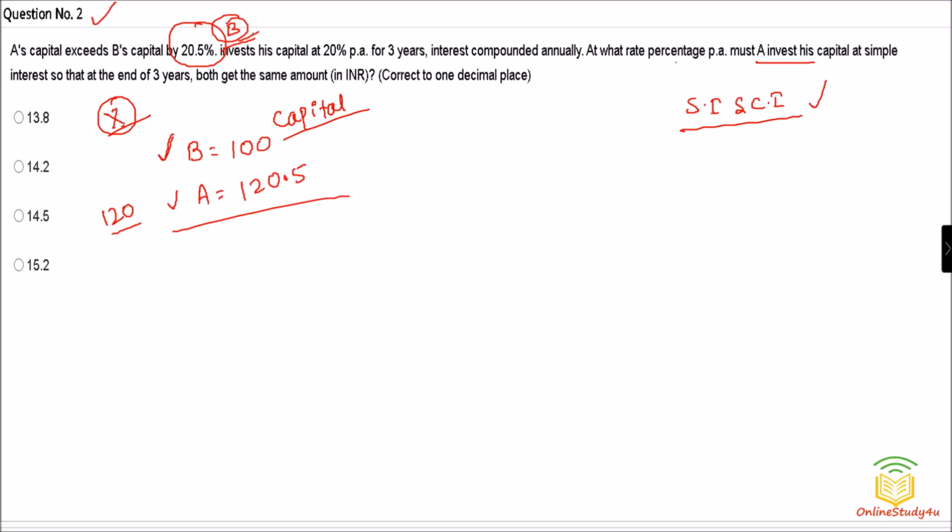People will comment, sir, how did you assume B is written there? Because this kind of question forms like that only. There are certain patterns, friends. So B's capital is 100. B is investing his capital at 20% per annum. Rate equals 20% and time equals 3 years, and this is compounded annually.